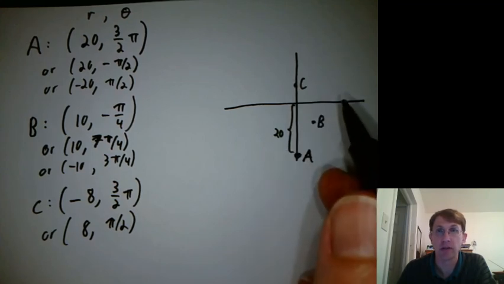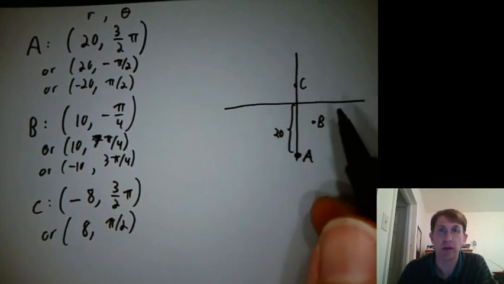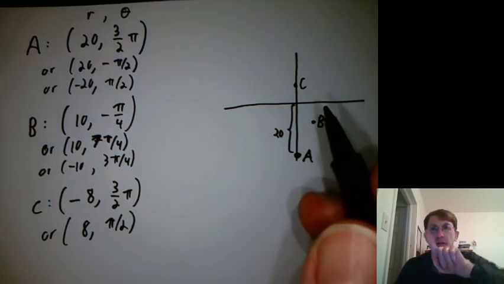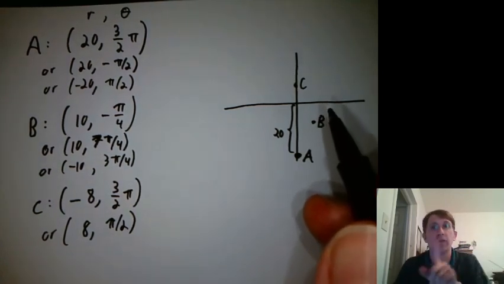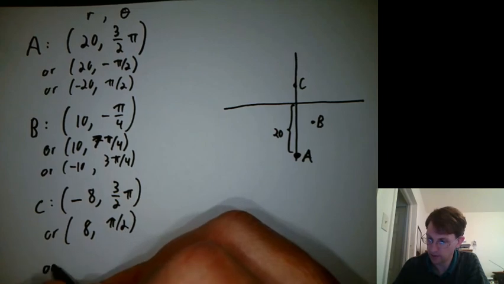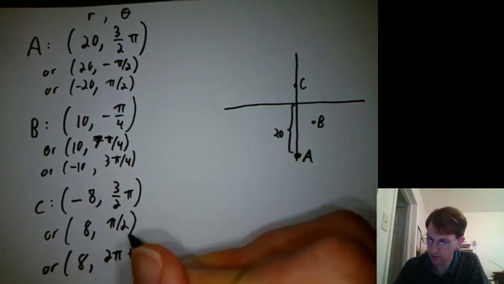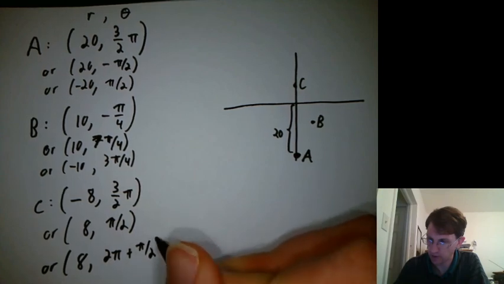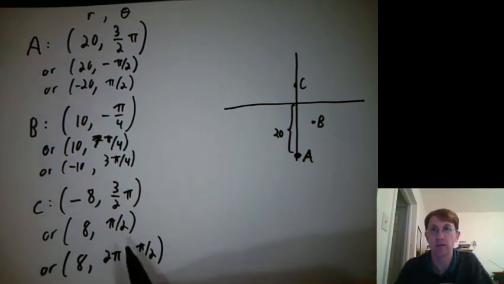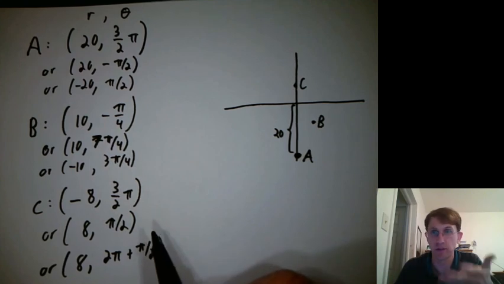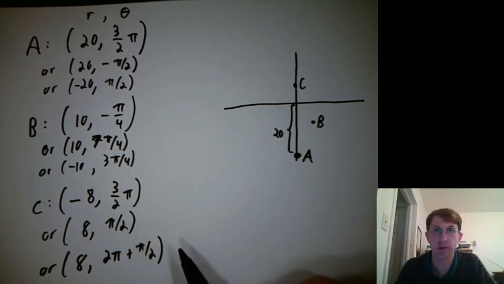We tried going just 90 degrees and then forward. We could turn 90 degrees, and then turn another full 360, and then go 8. So that would be 2 pi plus the pi over 2 we had there. So we can do angle measurements more than 360 or more than 2 pi here, and that's still perfectly allowable.